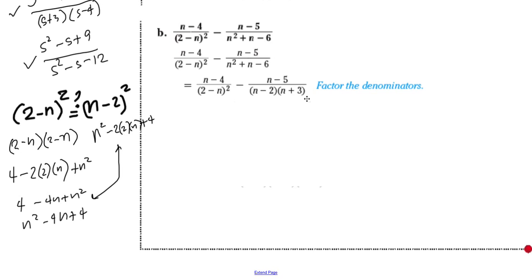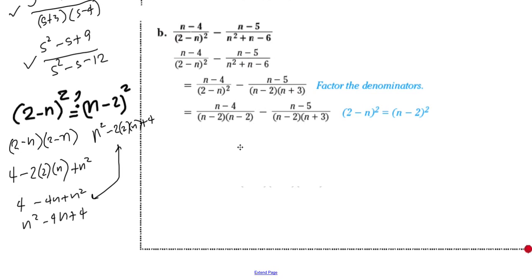Okay, and then we know that 2 minus n squared is the same as n minus 2 squared. So we simply substitute 2 minus n squared to become n minus 2 squared, or expanding it is the same as n minus 2 times n minus 2.